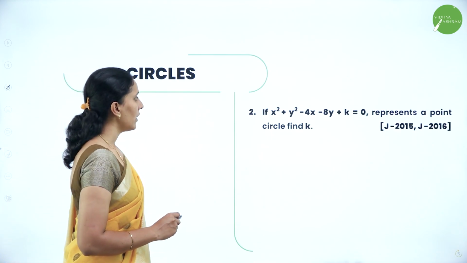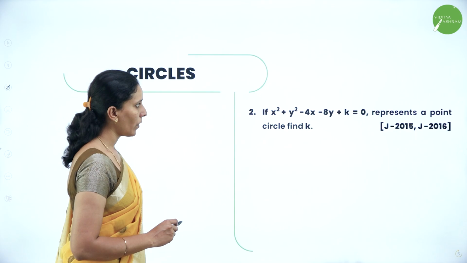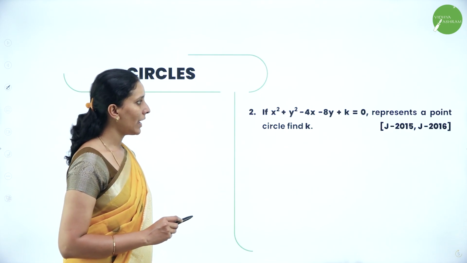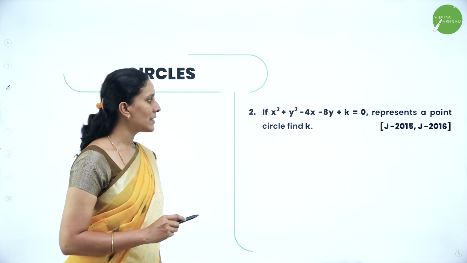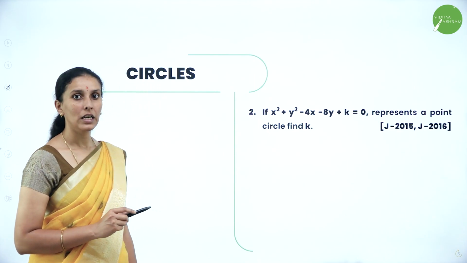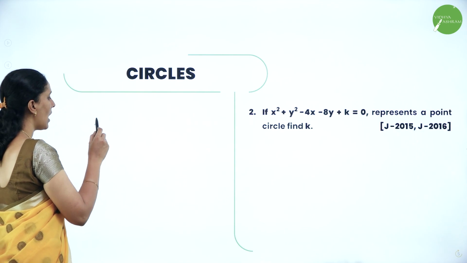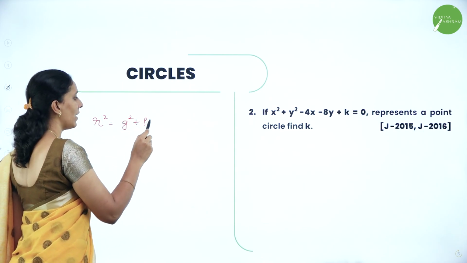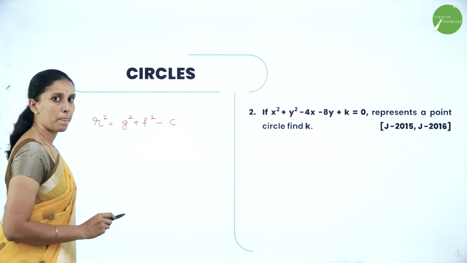So this is the equation. Next, if x square plus y square minus 4x minus 8y plus k is equal to 0 represents a point circle, find k. We know that r square is g square plus f square minus c.